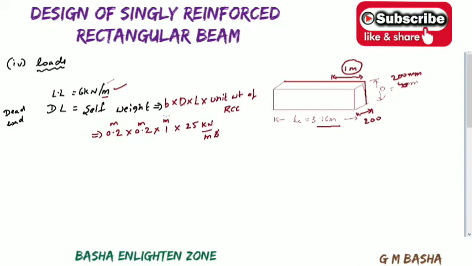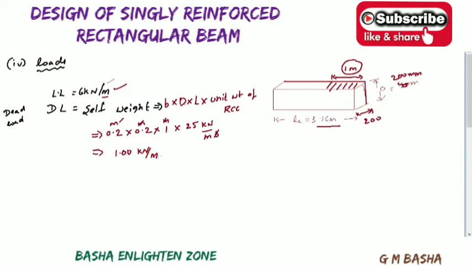If you simplify, the dead load will be 0.2 into 0.2 into 1 into 25, that is 1 kilonewton. But here we are considering the self weight only for a 1 meter span, therefore per meter.